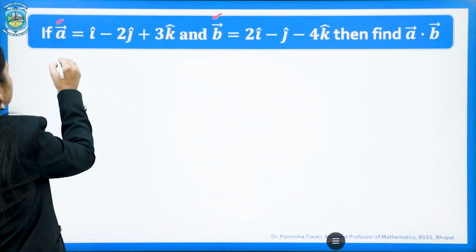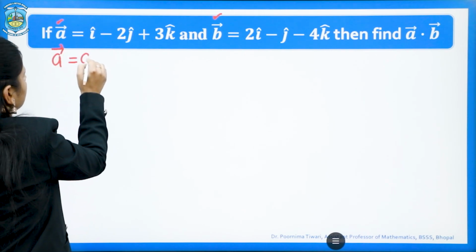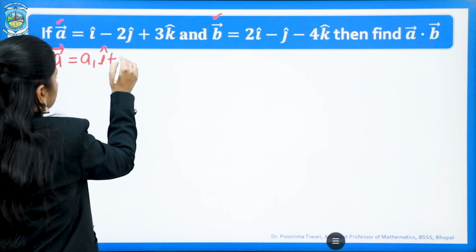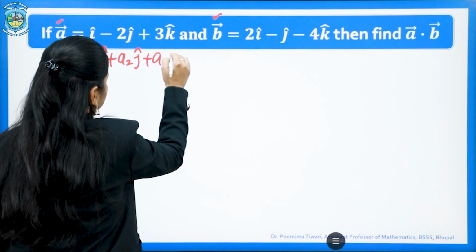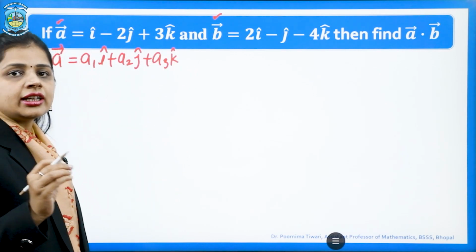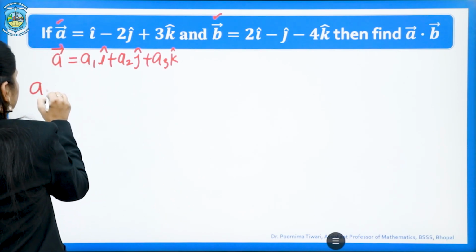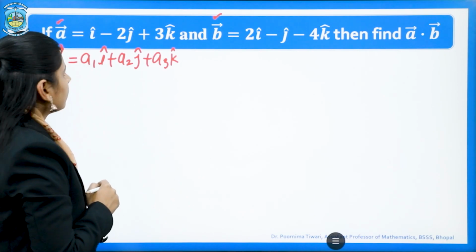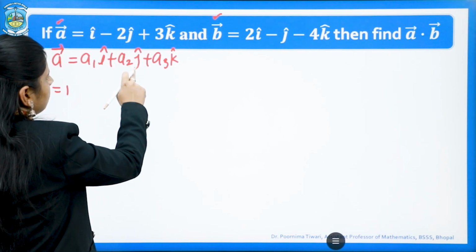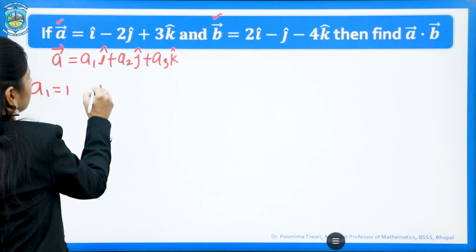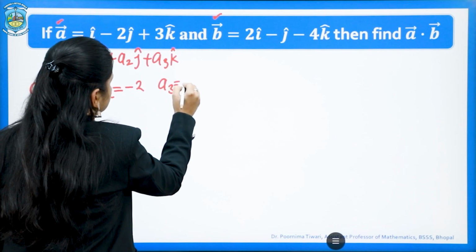So, first we will compare this vector A with standard form A1 i cap plus A2 j cap plus A3 k cap, and we will get the values of the components. A1 is 1. Now, see, here the coefficient of j cap is minus 2 and here A2. So, A2 is minus 2, A3 is 3.